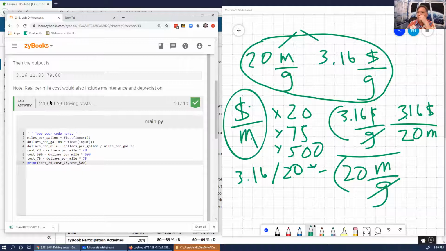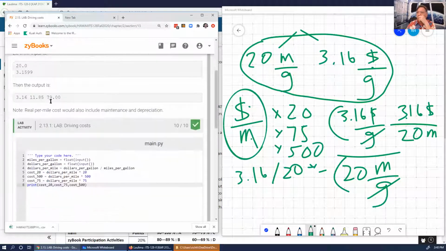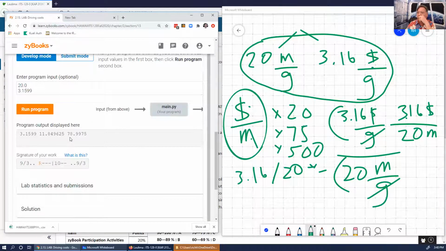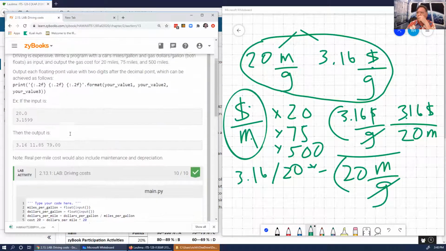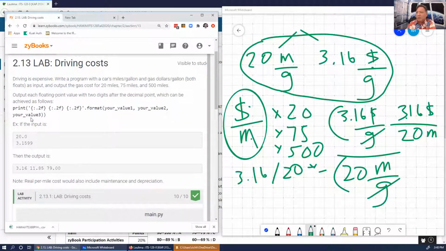Wow. 11.85. Oh, I got to do it this way.